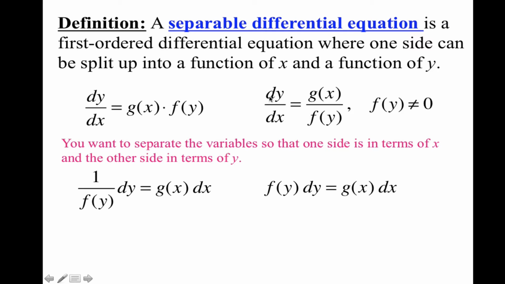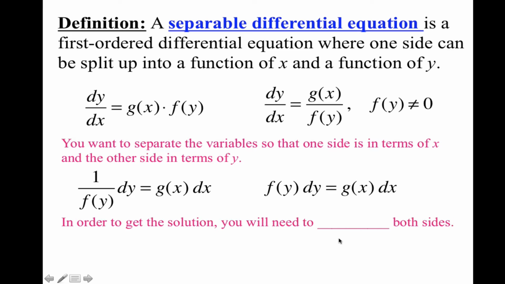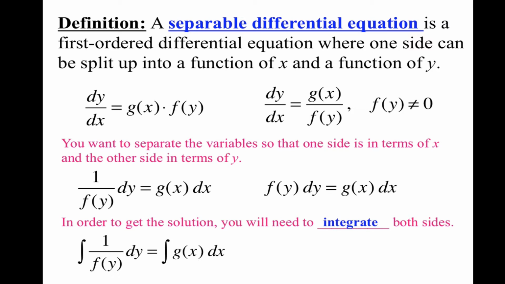Multiply both sides by f of y, multiply both sides by dx to give f of y dy equals g of x dx. So in order to get the solution, you will need to integrate both sides. So for this one, I'm going to integrate, and then same with this one.